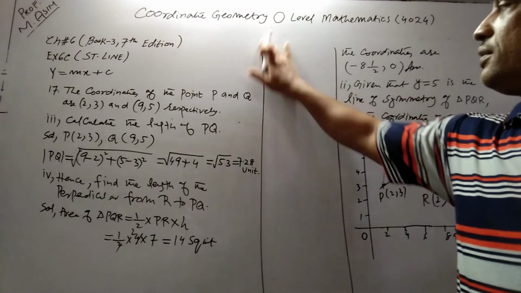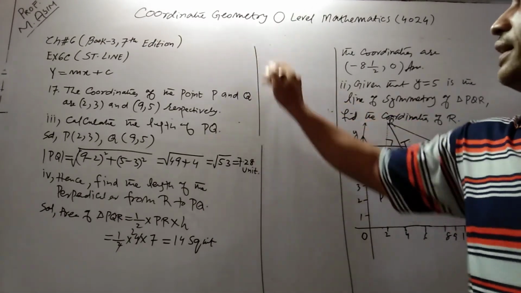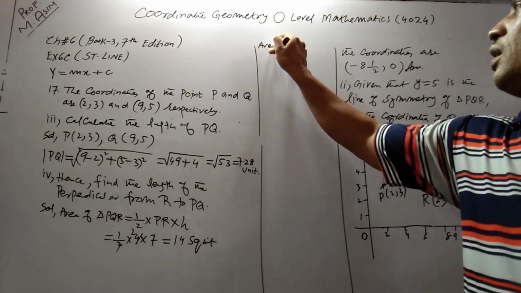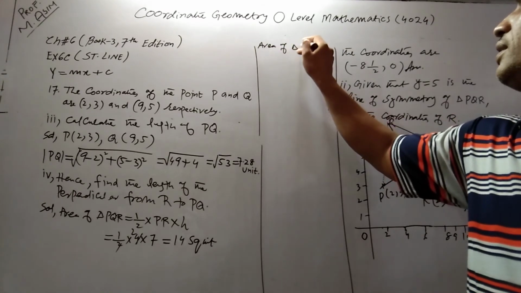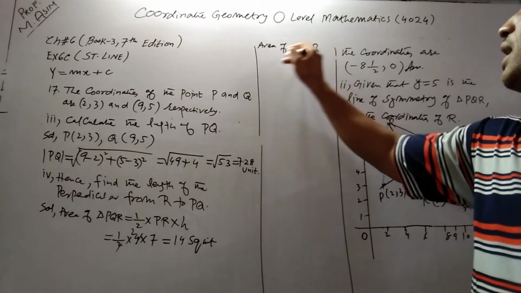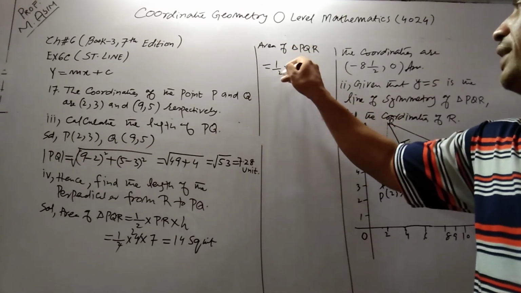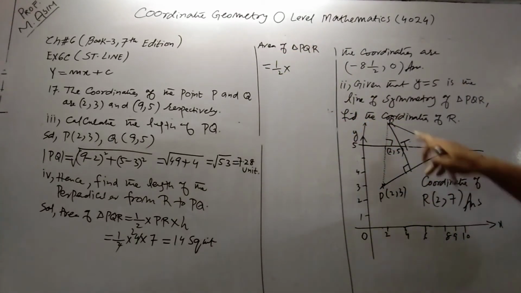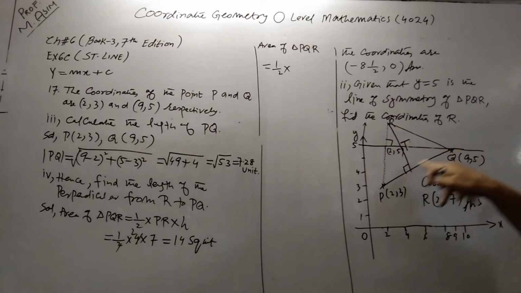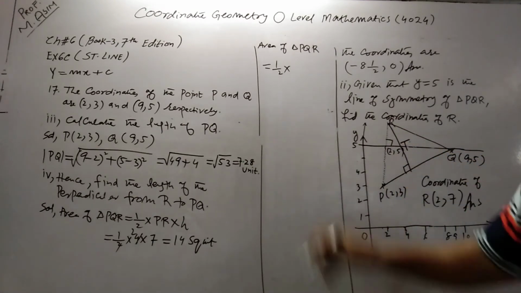So we know that area of triangle PQR is equal to half into base. If this one is perpendicular, so PQ should be the base.